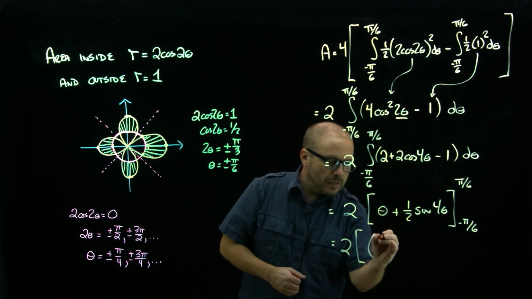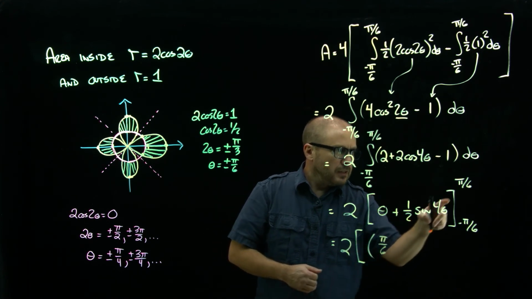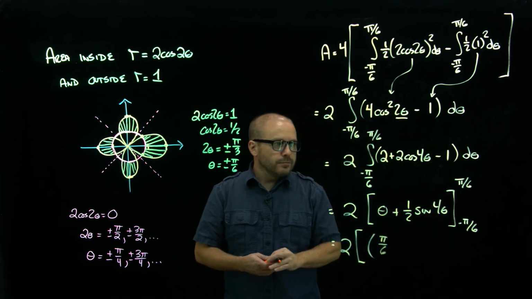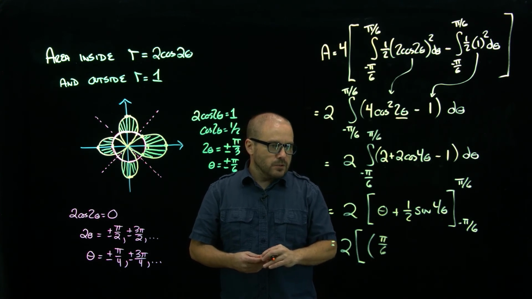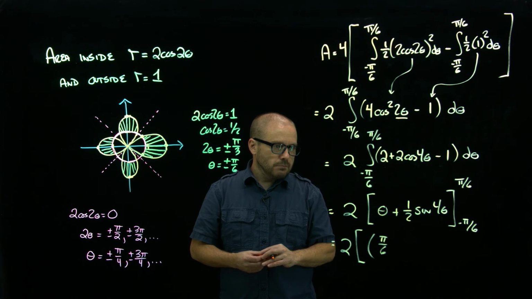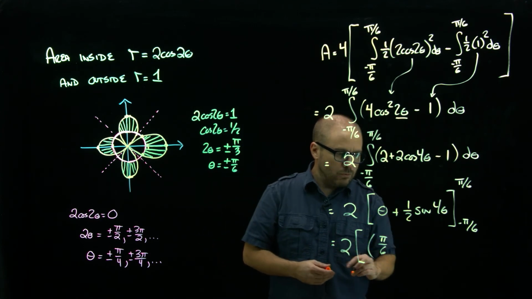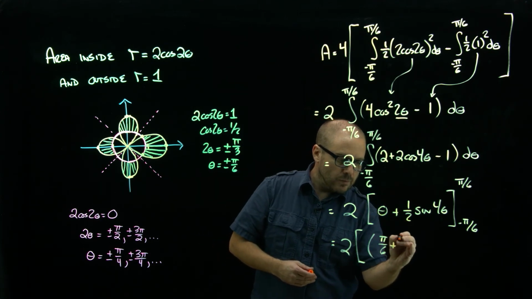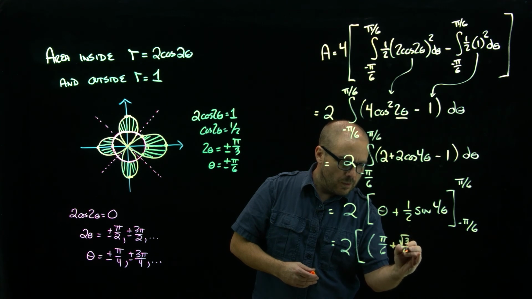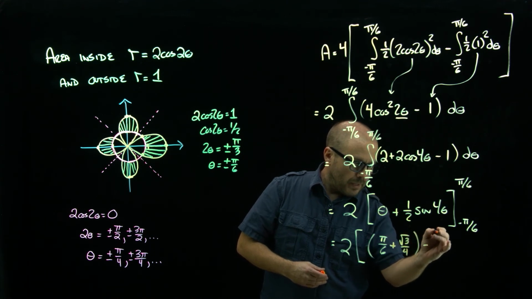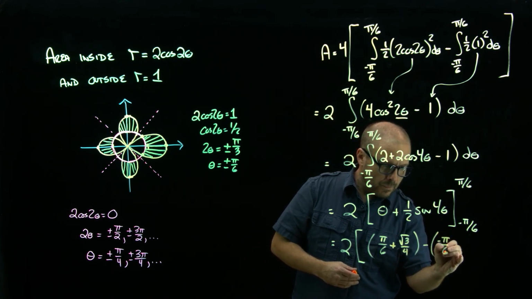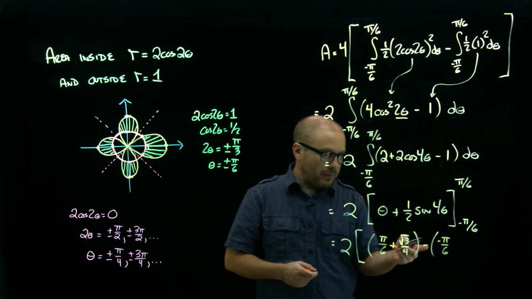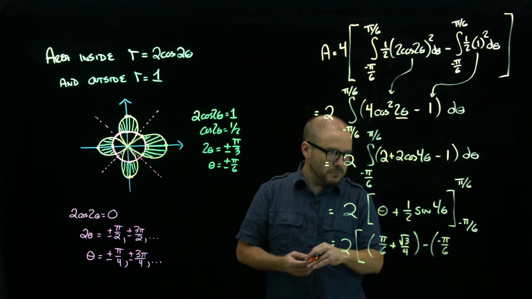So pi over 6 into there gives us pi over 6. Here, that's sine of 2 pi over 3, which would be square root of 3 over 2 times the half. So square root of 3 over 4, minus a negative pi over 6. And sine of negative 2 pi over 3, that's just the negative of that.